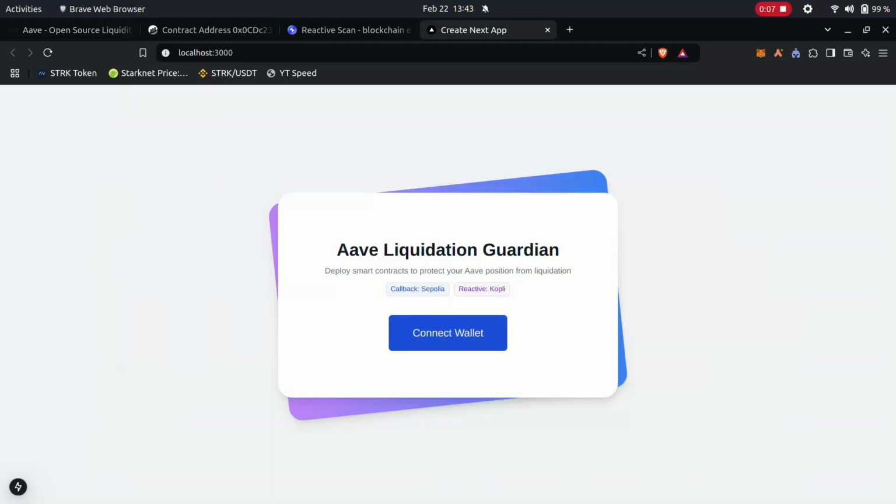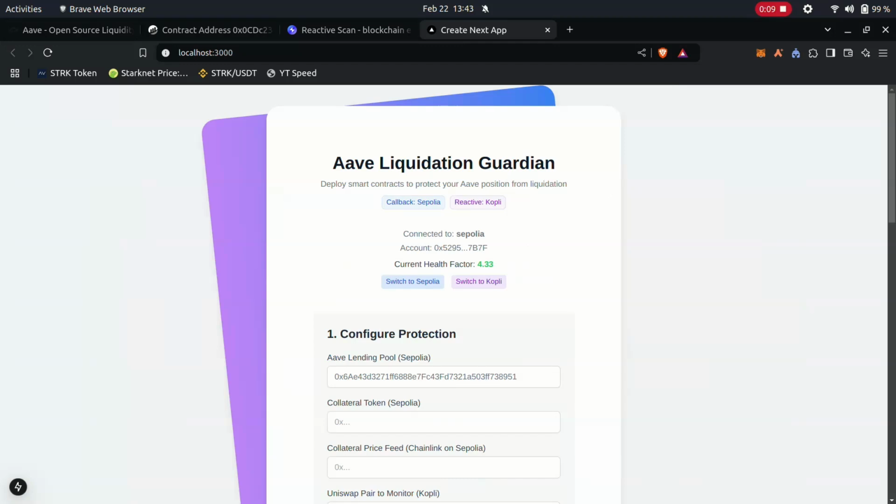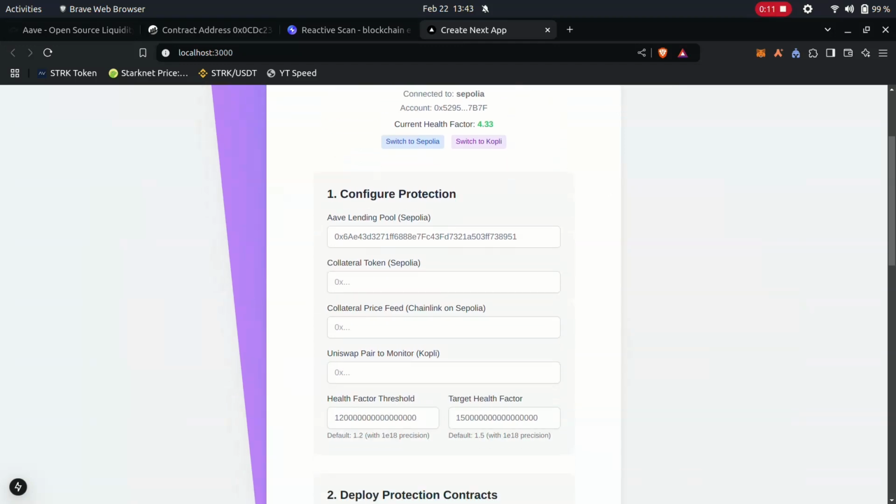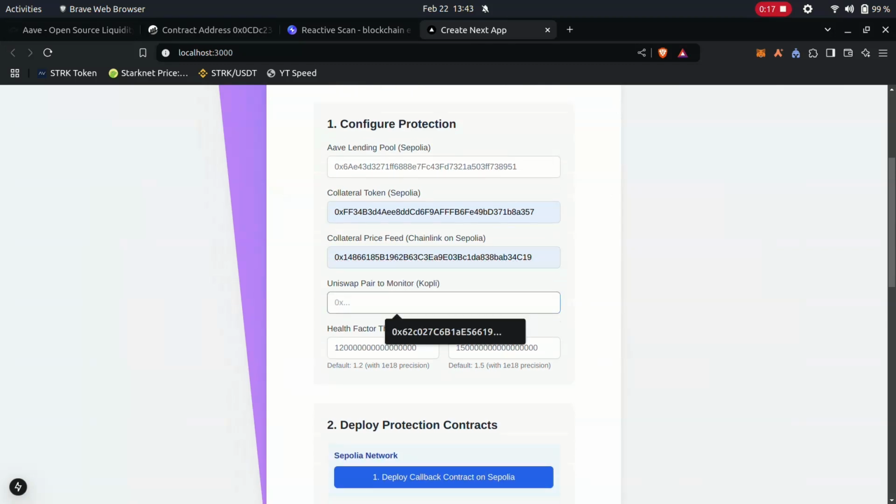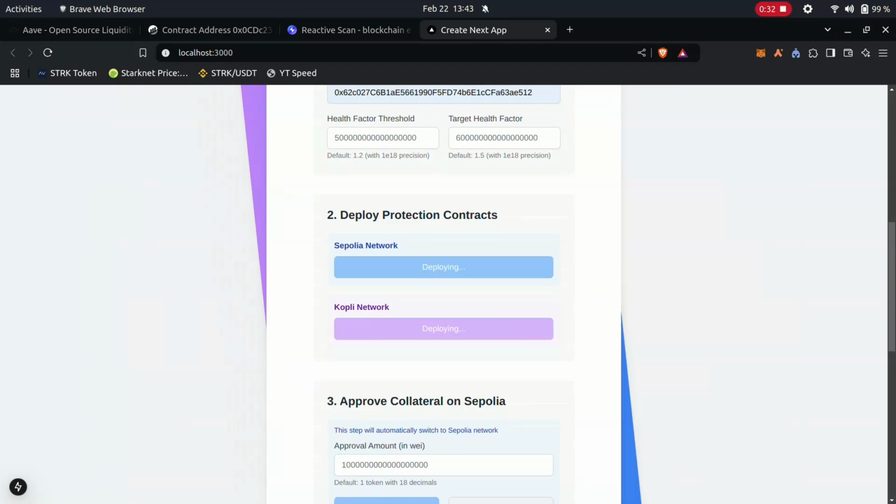The idea here is that the user just approves the destination contract with some tokens, and then the reactive smart contract is monitoring the Uniswap protocol pools for the sync event, which indicates some price changes, and based on those price changes we are performing the calculations for our health factor, and we are determining if the person's assets are in danger of liquidation.